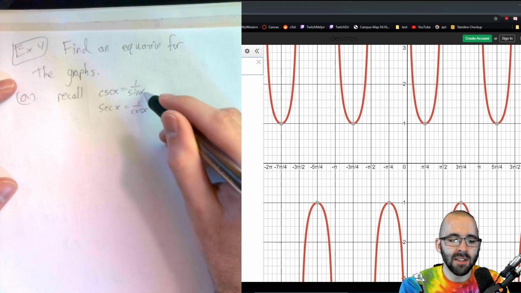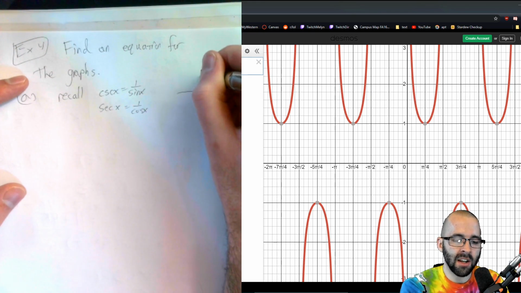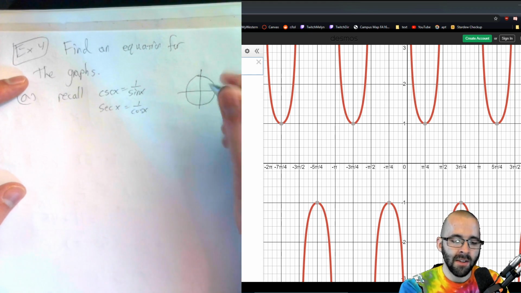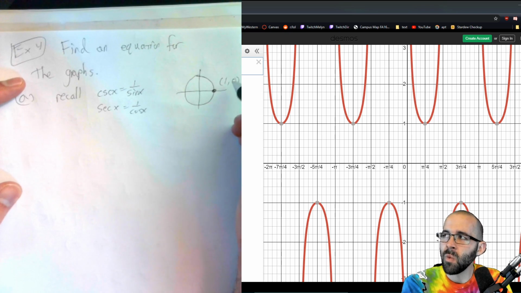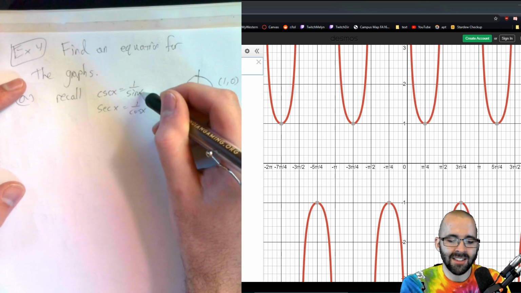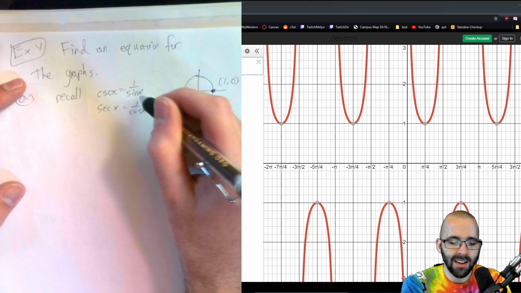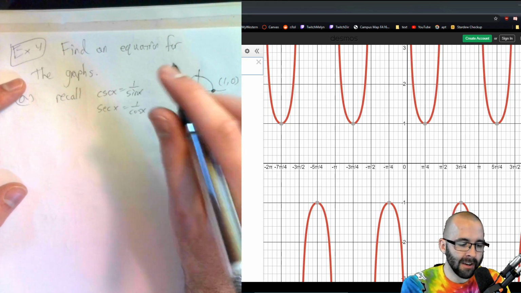So is sine of 0 equal to 0, or is cosine of 0 equal to 0? And again, we can tie everything together, go back to the unit circle. Sine is the y-coordinate. When the angle is 0, we're at this point, and this is the point (1, 0). So our trig function is 0 when y is 0, and y is 0 when sine is 0, because sine is y. So cosecant is our function we're using here.